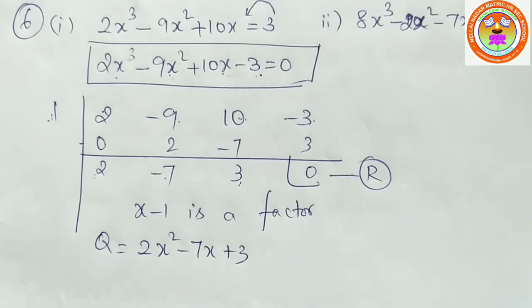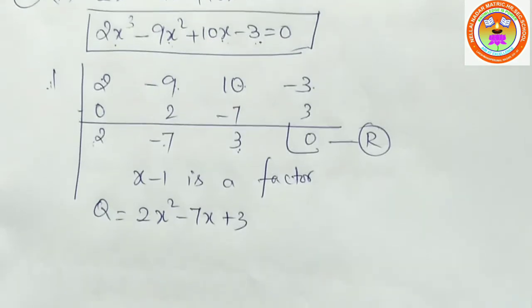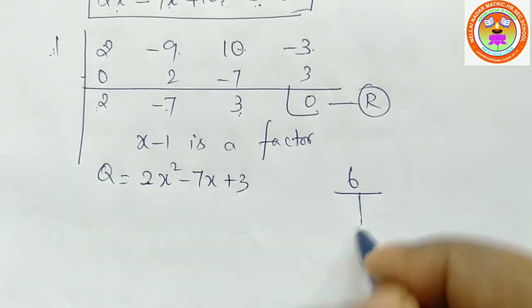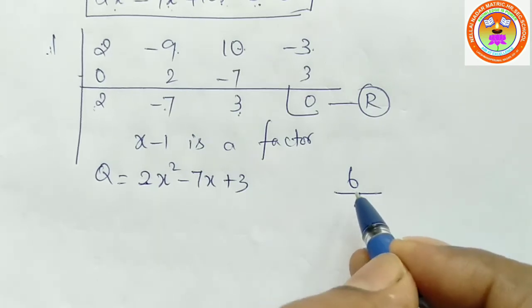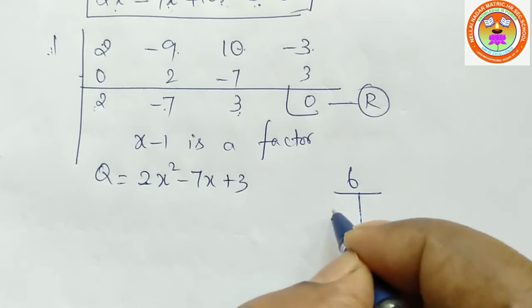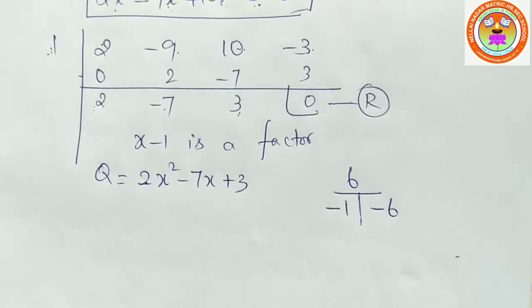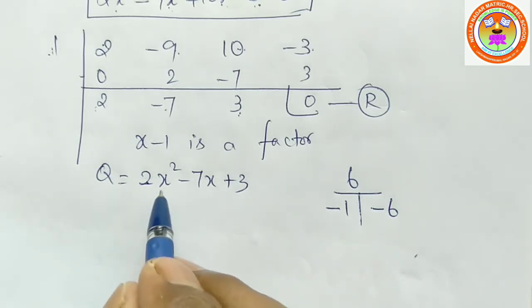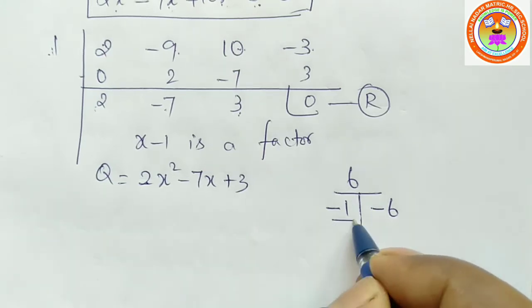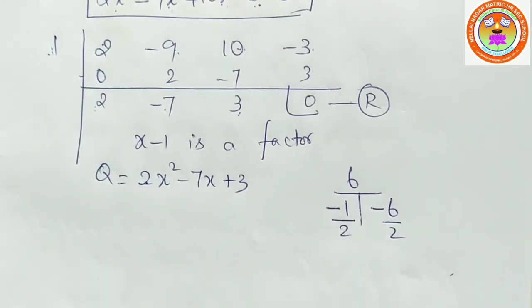So we can go for the sum and product rule. 2 3s are 6. Find two numbers whose product is 6 and whose sum is minus 7. That is the only possible numbers, minus 1 and minus 6. If the square term contains a coefficient, we have to divide by 2, right, by 2.